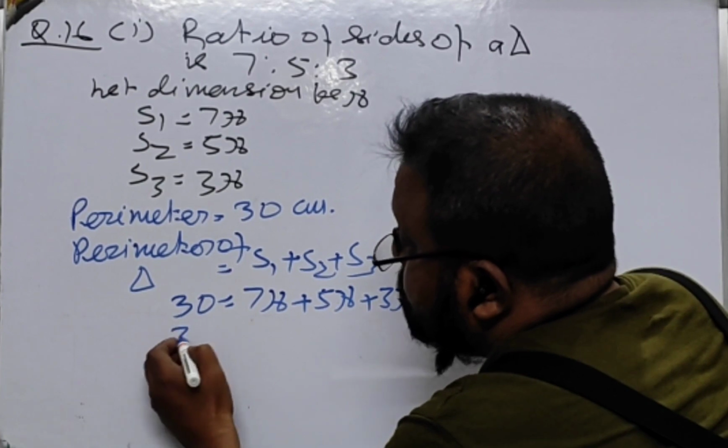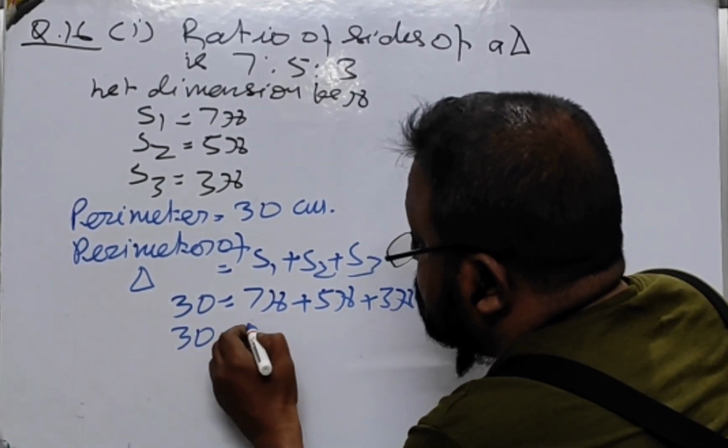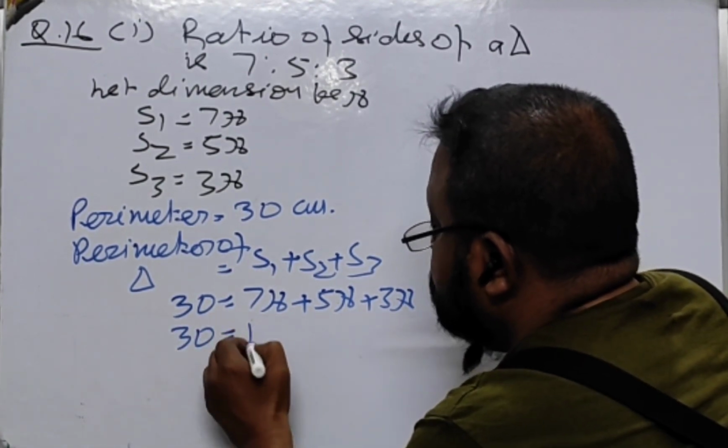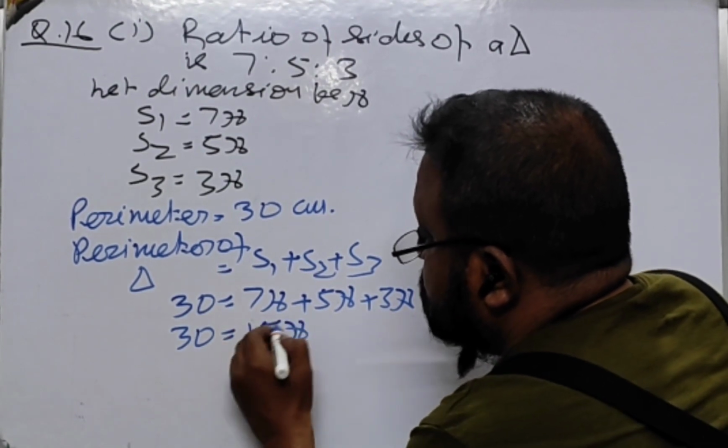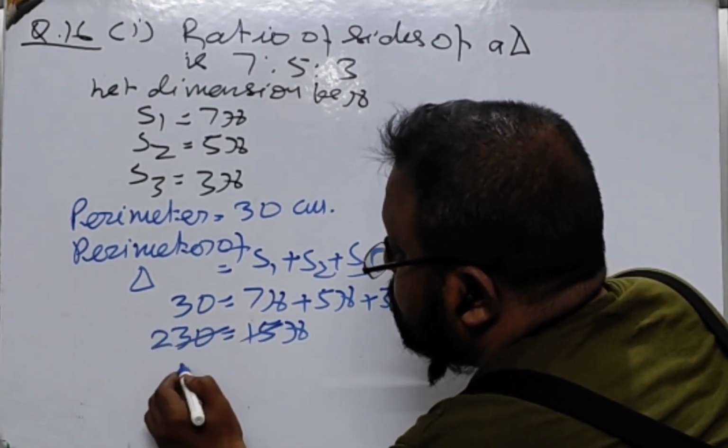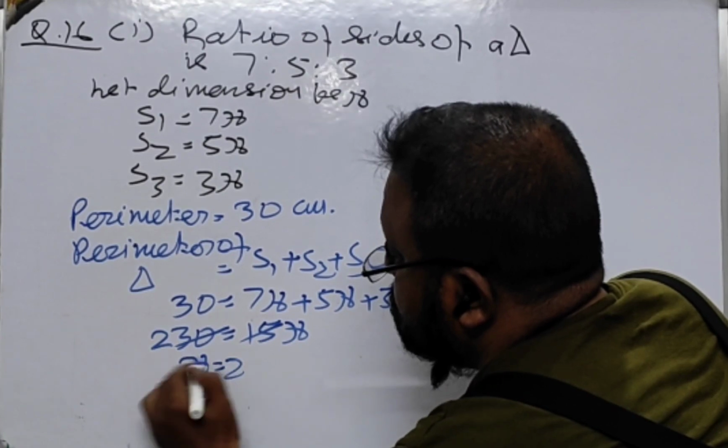So 30 is equal to 15x, 15 twos are 30. So x is equal to 2.